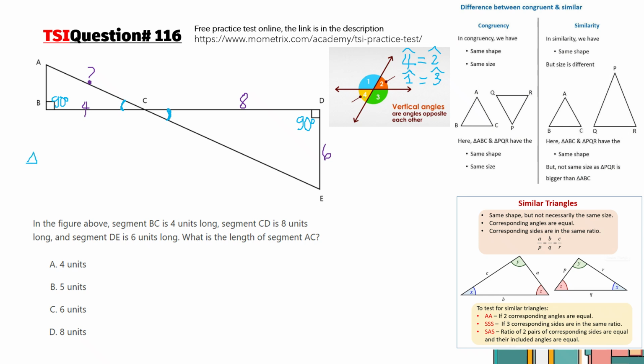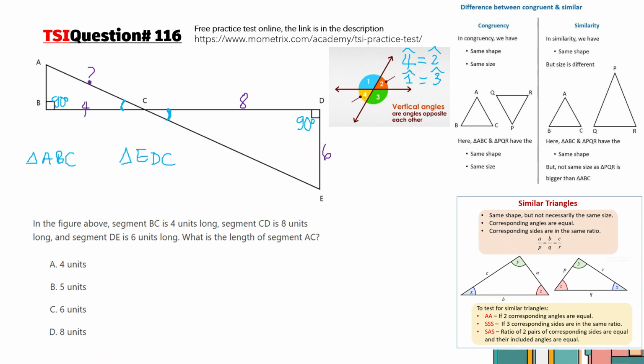We have right triangle ABC, and then we have to figure out whether it is congruency or similarity with the triangle EDC.